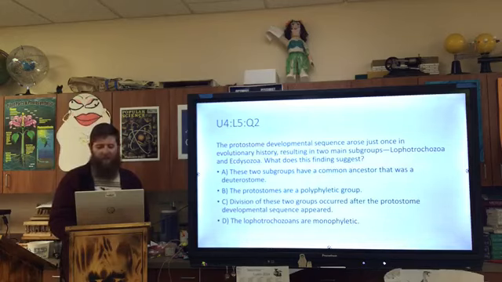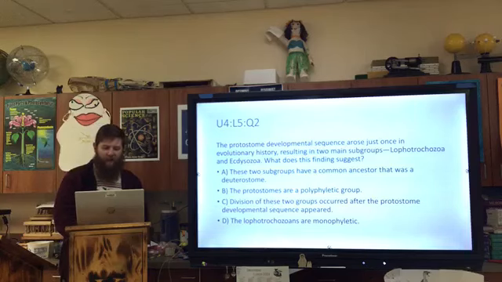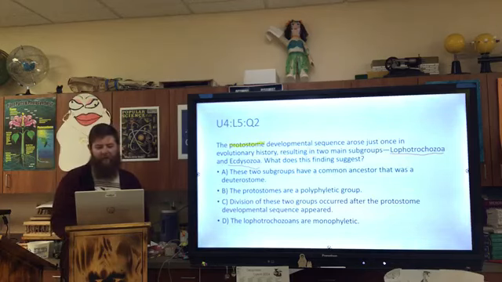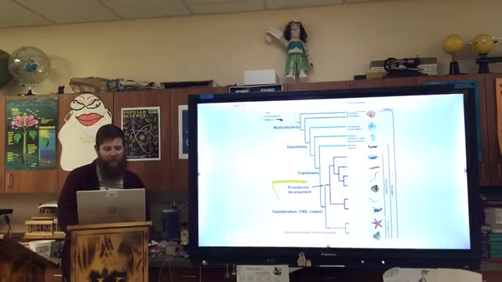The correct answer here is C. Remember that Lophotrochozoa and Ecdysozoa are both inside of what we call the protostomes. There are two groups on our phylogenetic tree that we talk about: protostome here, and deuterostome here.